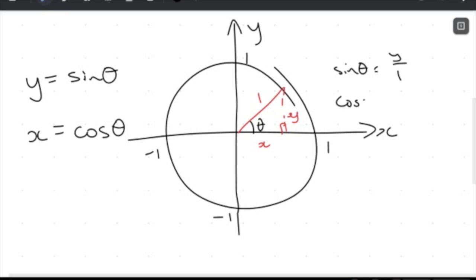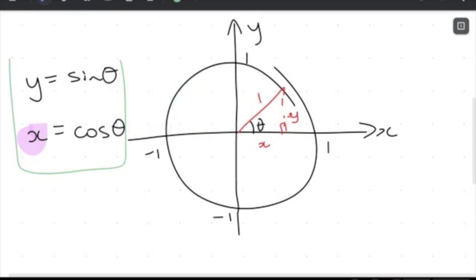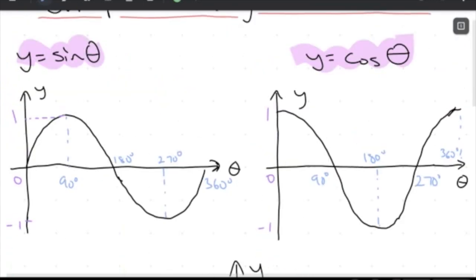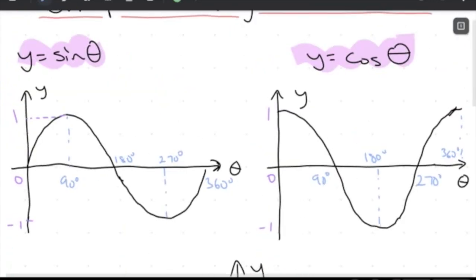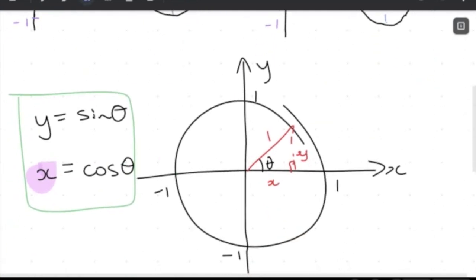And cos theta is x over 1, my adjacent over my hypotenuse, which then just gives me x. So just a little reminder of why this works, and what's happening down here is not to be confused with the graphs of my functions up here. So just a little bit of a disclaimer before we start.